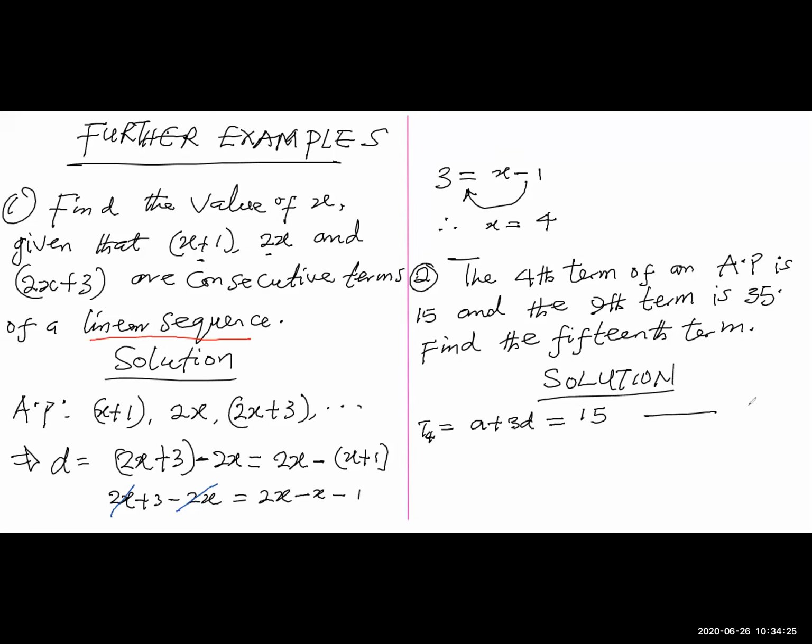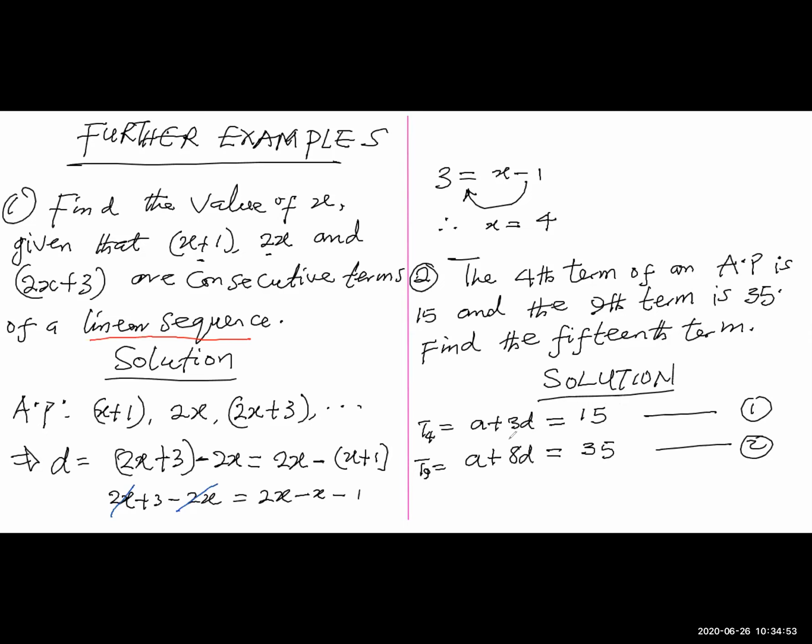Equation 1. And we are now told the ninth term, T9, is equal to a plus 8d, which is equal to 35, equation 2. So they gave us the fourth term, gave us the ninth term, and asked us to find the 15th term. So when you write this formula, a plus 3d equals 15.